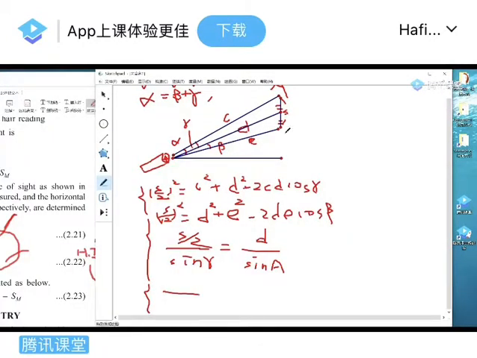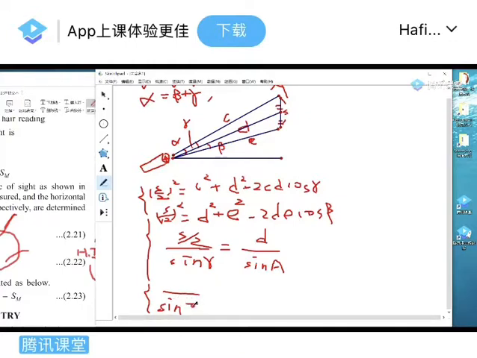Last equation, look at this one. This one can also be known, if this is known. So what's the number of this one? This one will be a sine. In total, this angle plus this angle will be pi, right?